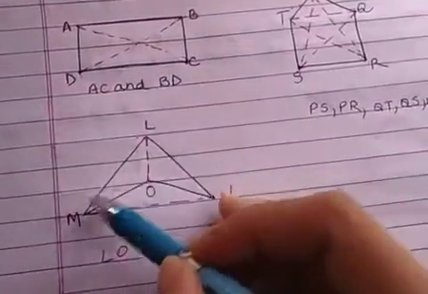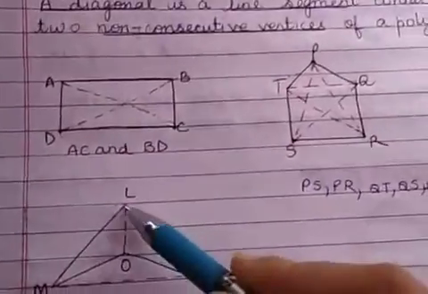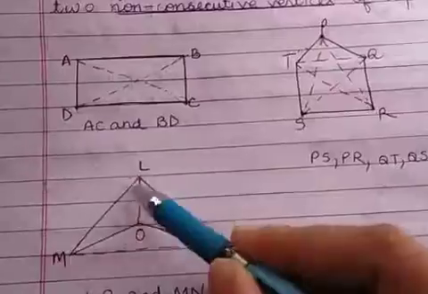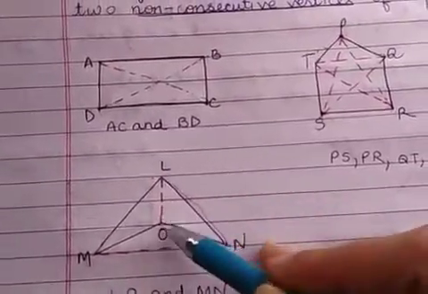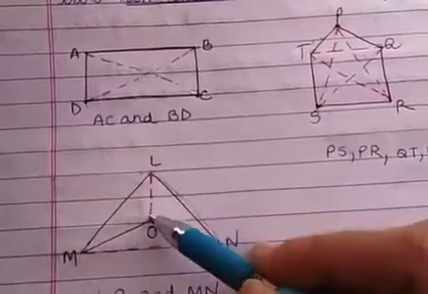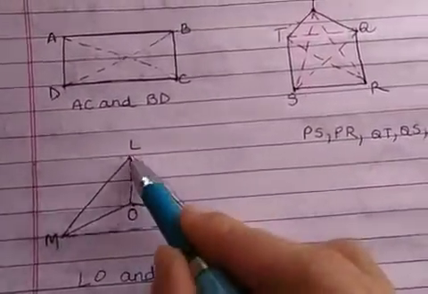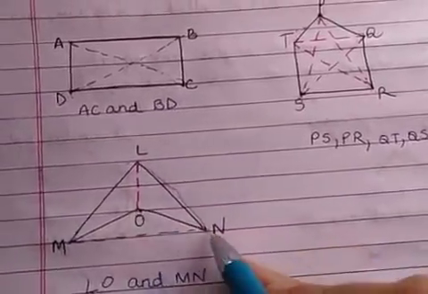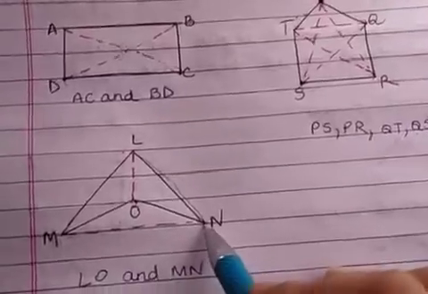Look at this figure. The figure is LMON. Which are the diagonals of this? If you take this vertex, these two are consecutive, right? So this is non-consecutive, and this is one of the diagonals. Then if I take this, this is consecutive and this is non-consecutive, so my diagonal will come outside the figure.